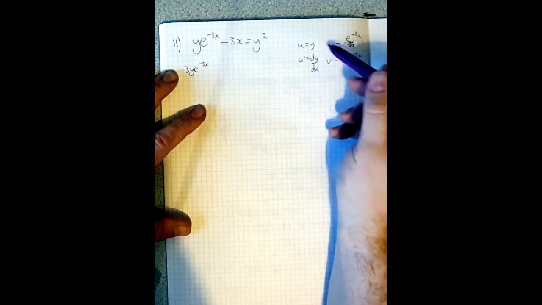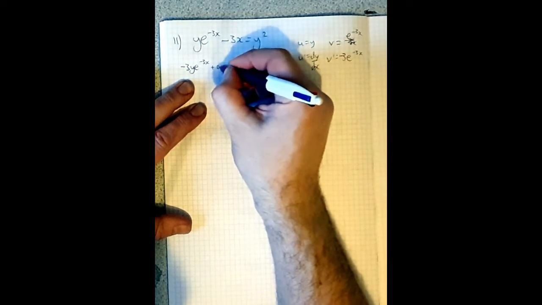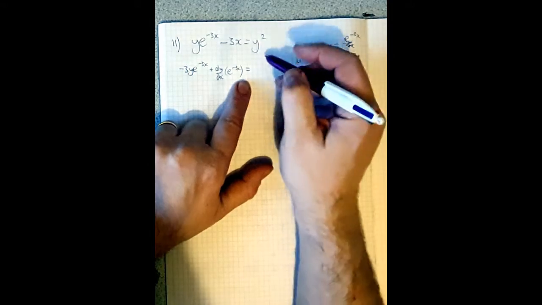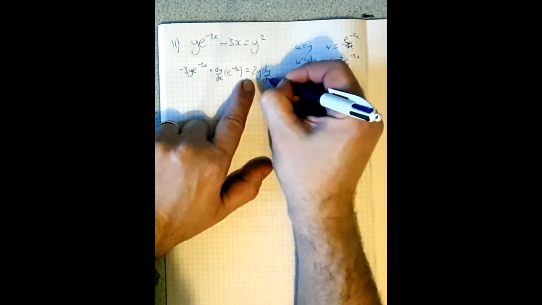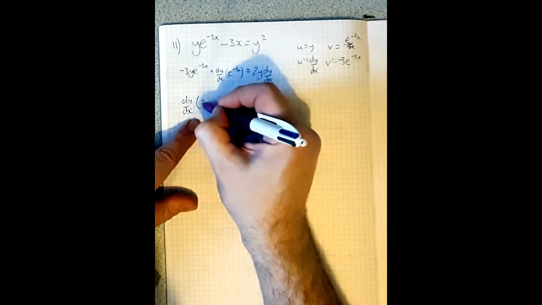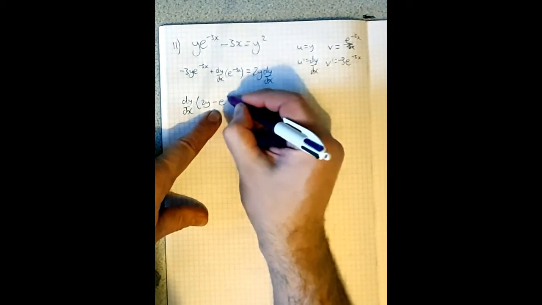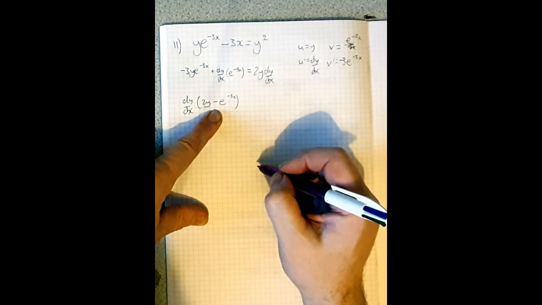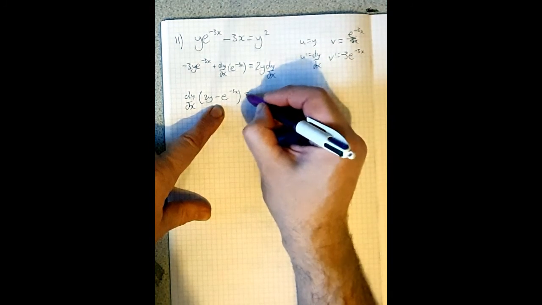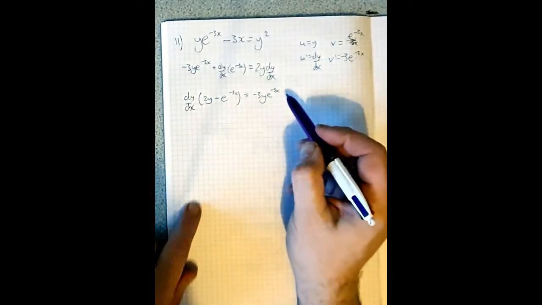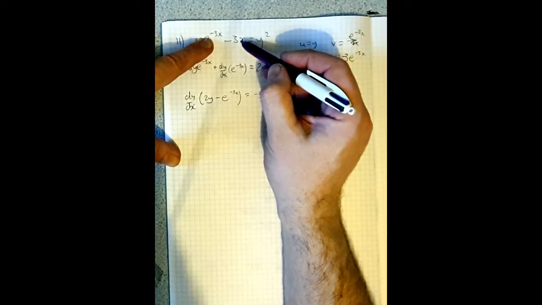That's my u v dash, plus u dash v, plus dy/dx times e to the minus 3x, equals 2y dy/dx. So dy/dx, let's take that over there, equals minus 3y e to the minus 3x. No, that's not quite right. Oh, I forgot the minus 3, didn't I?